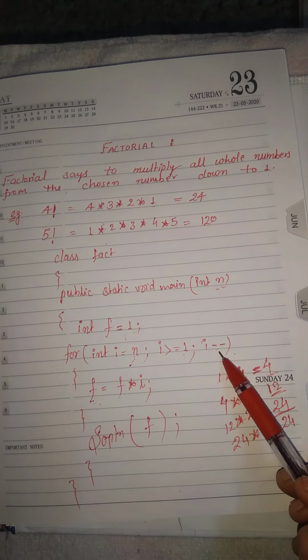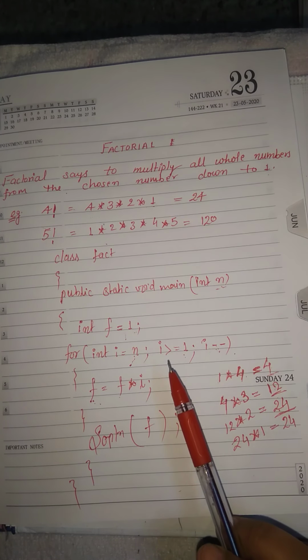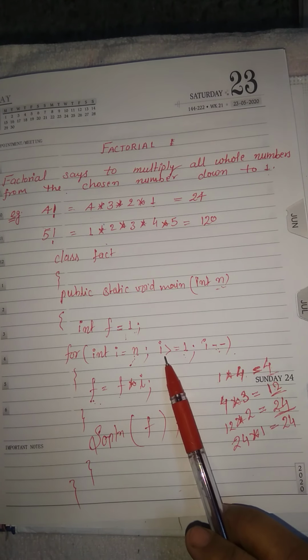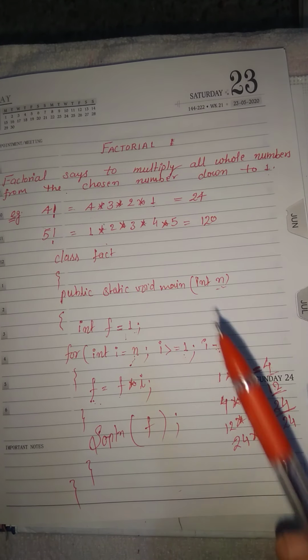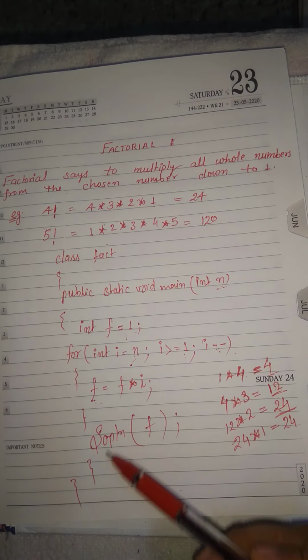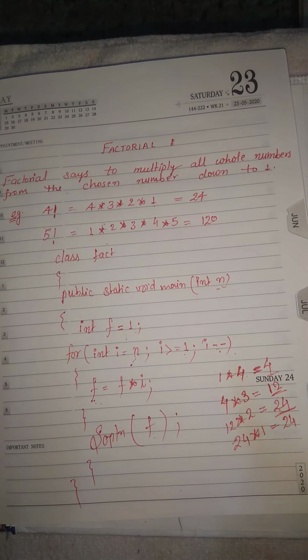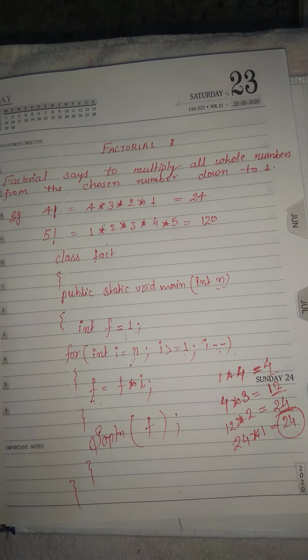Now i value is 0. Control comes to check the condition: 0 is greater than or equal to 1? No, the condition is false. Then control comes out of the loop. Here is the println of f. The final f value, 24, will be printed.